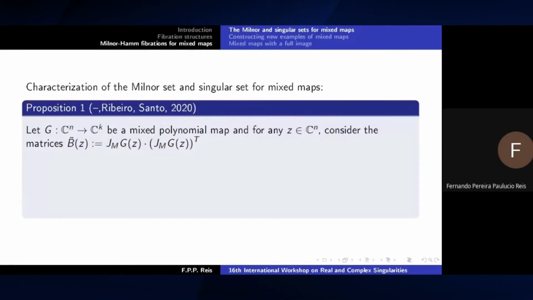Let G from C^n to C^k be a mixed polynomial map, and for any z in C^n consider the matrix B tilde and B defined by A and the product of A with the transpose of A, where A is given by the complement of the Jacobian matrix.